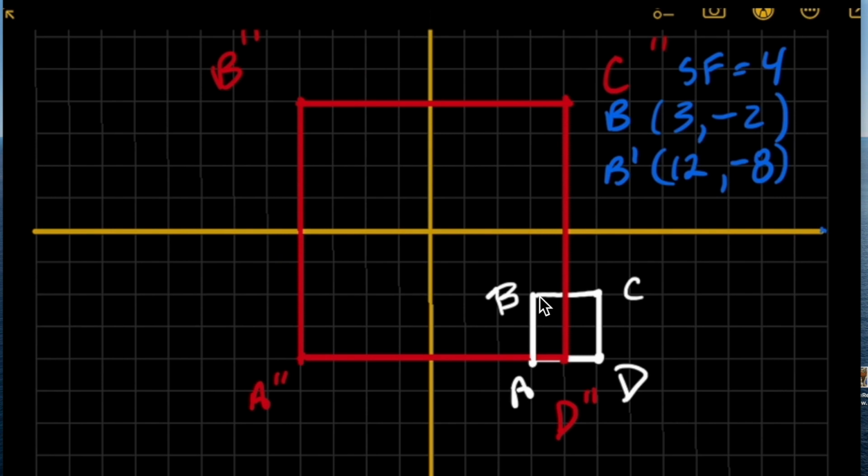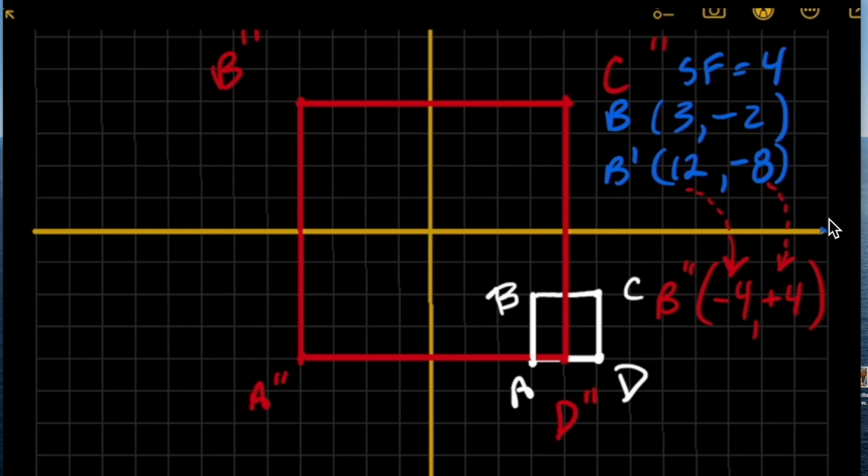We also want to look at the final coordinates of B double prime, which are negative 4, positive 4. So clearly the dilation alone did not yield the B double prime we're looking for. The only thing left is a translation from B prime to get to B double prime. So we ask ourselves, how do we get from these x and y coordinates to our final x and y coordinates?